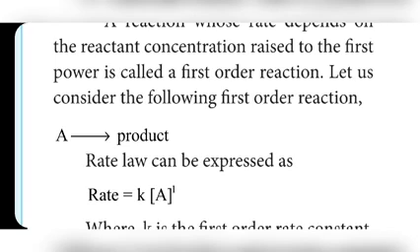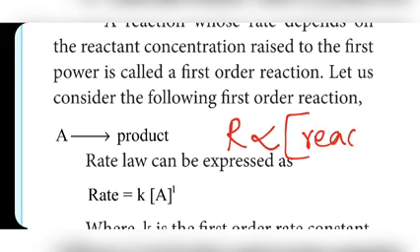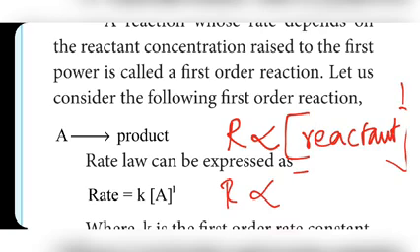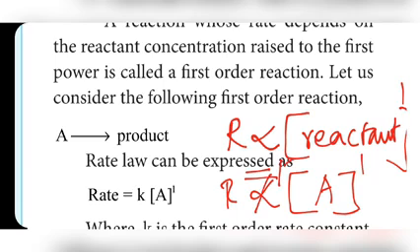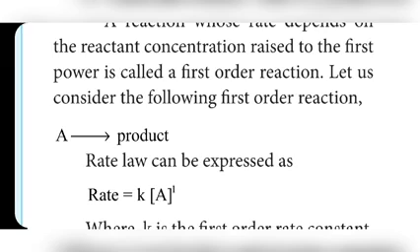For that, first you have to write the rate equation based on rate law. Rate law means, as you already know, rate is directly proportional to the concentration of reactant A power 1. If you remove proportional and add equal, you must add one constant, so rate is equal to k into concentration of A power 1.